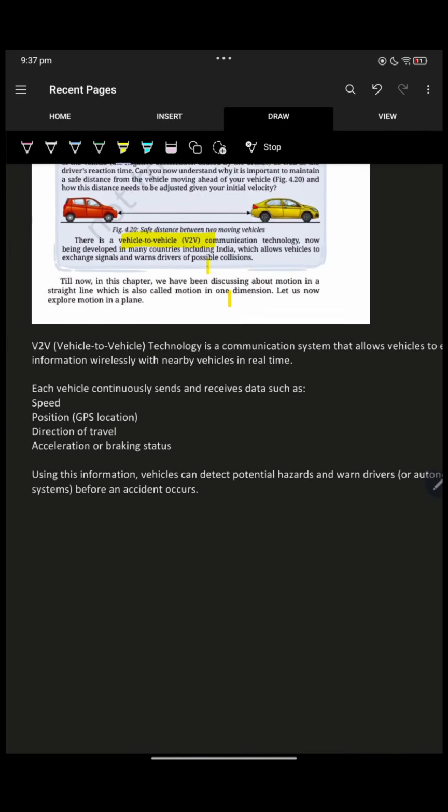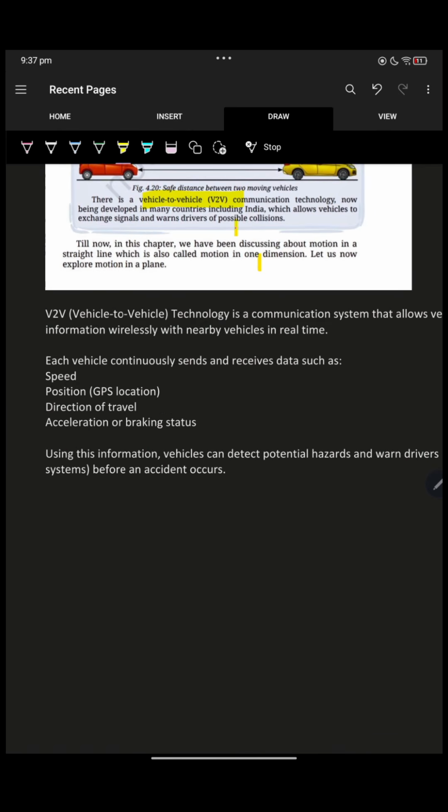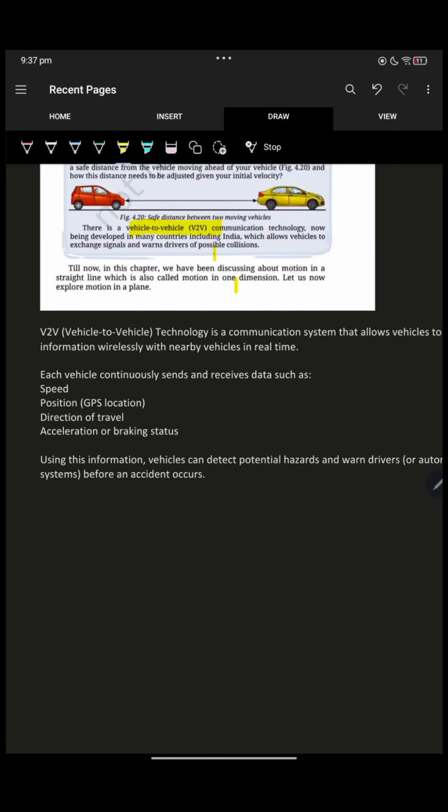This technology sends signals, and you get an alert. For that, each vehicle continuously sends and receives data, like the speed of the vehicle near you, its position, its direction of travel, and its acceleration or braking status.